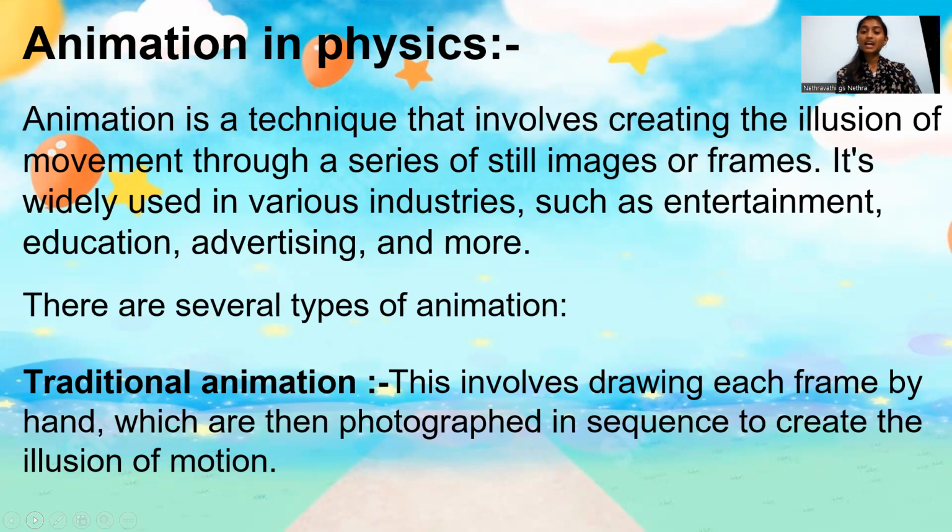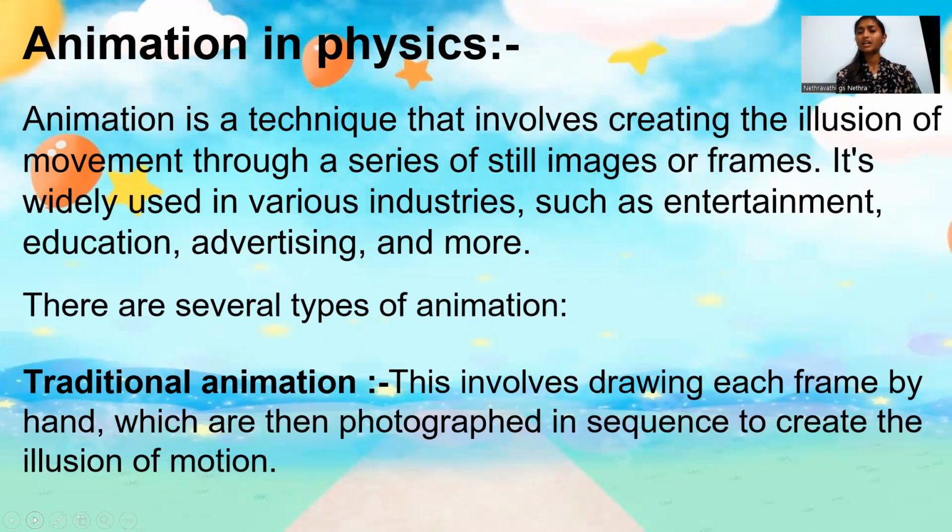There are several types of animations, like traditional animation. This involves drawing each frame by hand, which are then photographed in sequence to create an illusion of motion, which means it's a process of creating animation by handmade drawings.